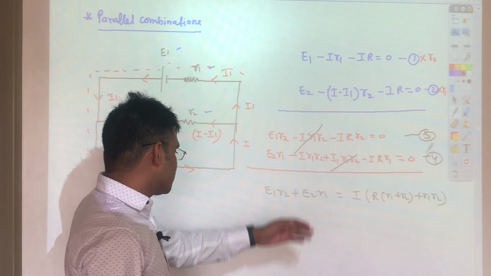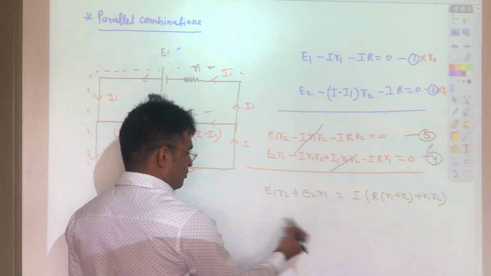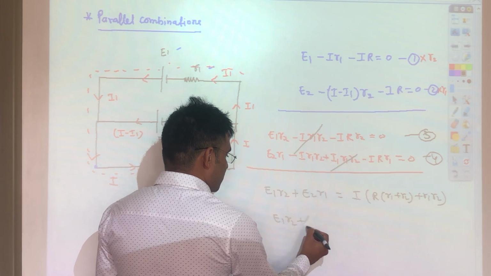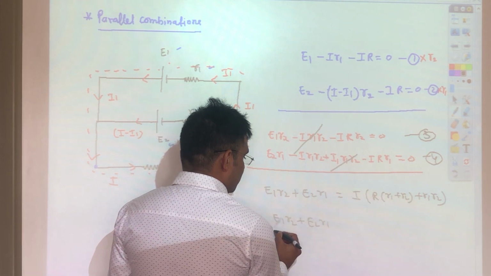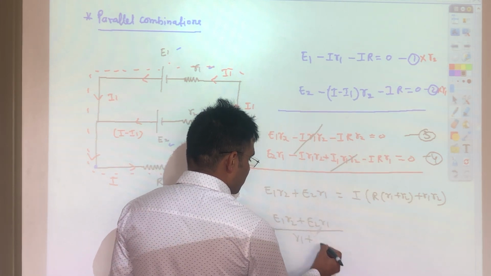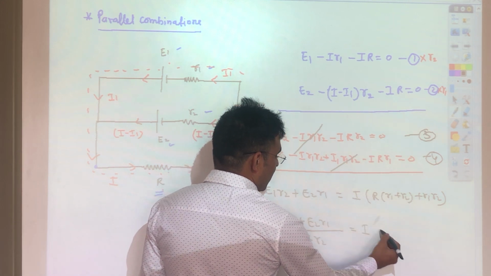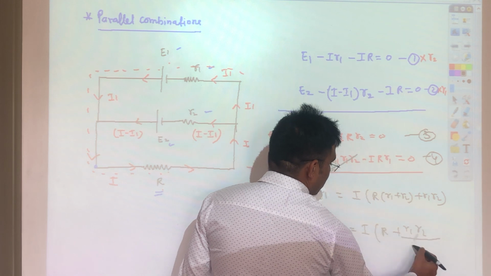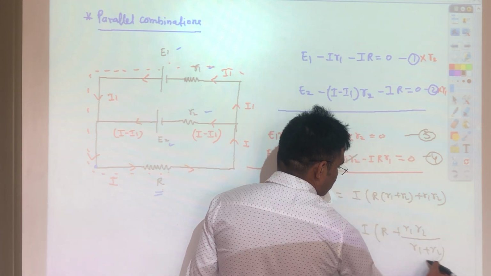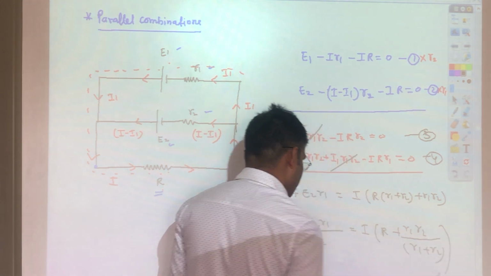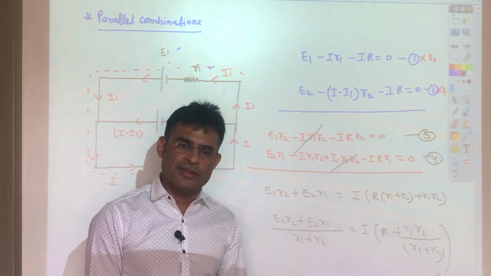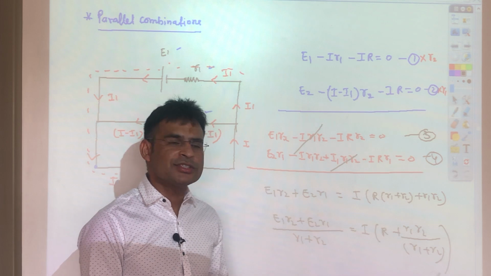And if throughout this equation I divide by R1 R2, I can write it this way: E1 R2 plus E2 R1 divided by R1 plus R2 is equal to I into R plus R1 R2 divided by R1 plus R2. I can write it in this way. Throughout the equation, I just divide by R1 plus R2.